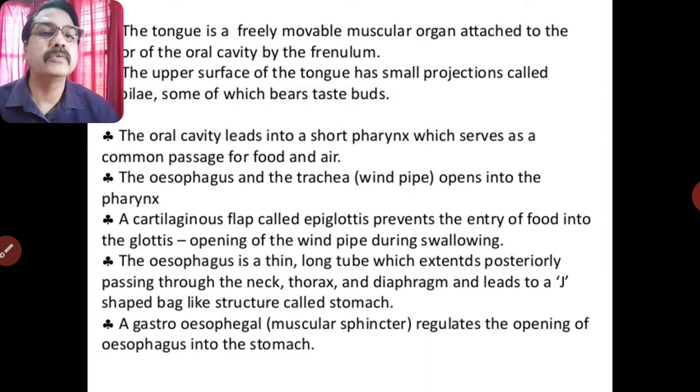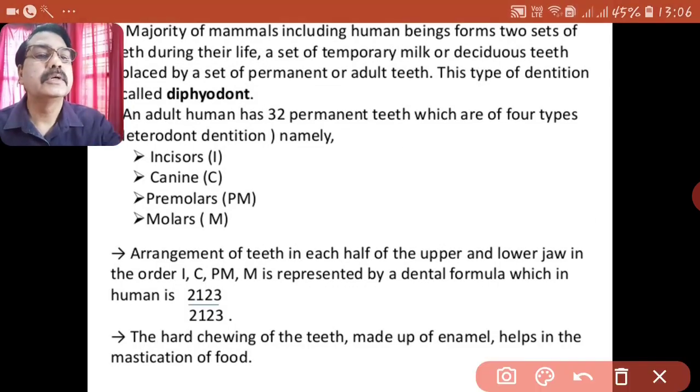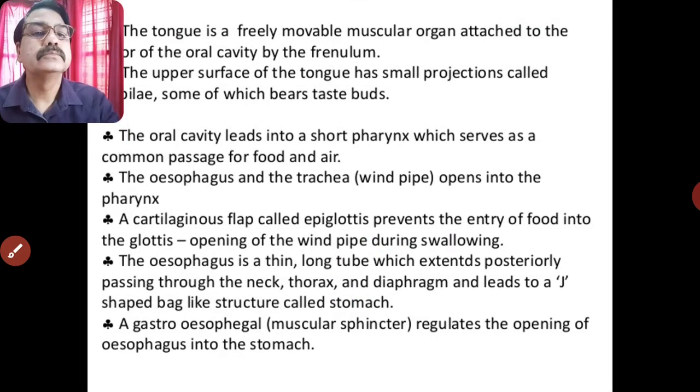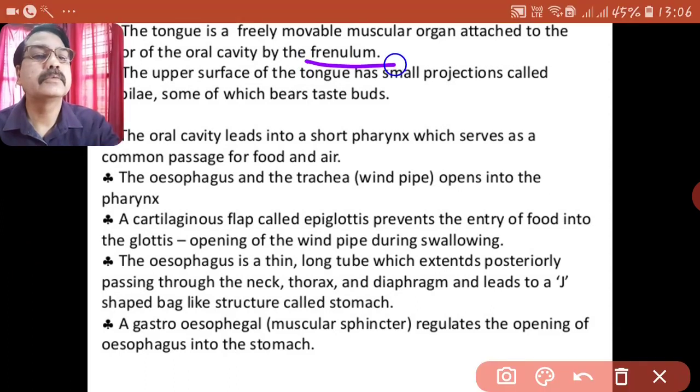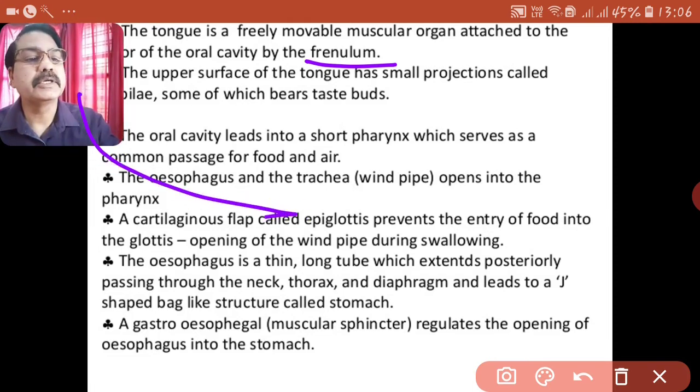The tongue is a freely movable muscular organ attached to the base of the oral cavity by the frenulum. Frenulum is the word you can see here. The upper surface of the tongue has small projections called papillae, some of which bear taste buds.